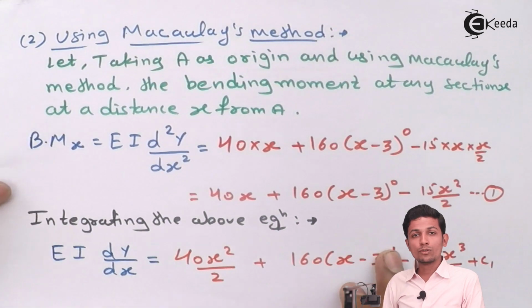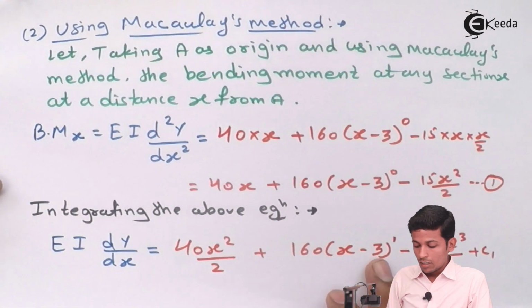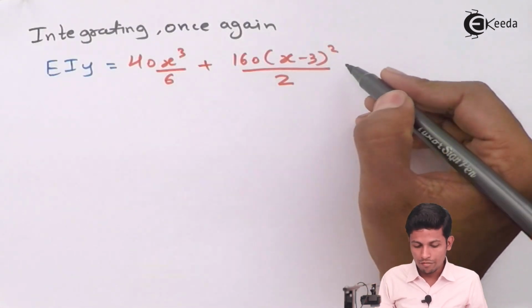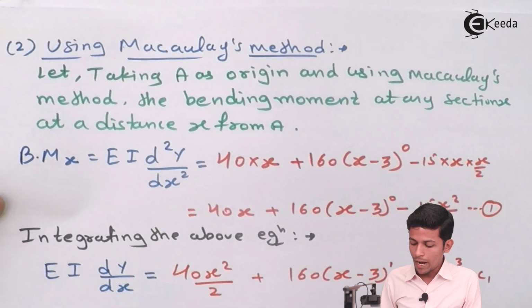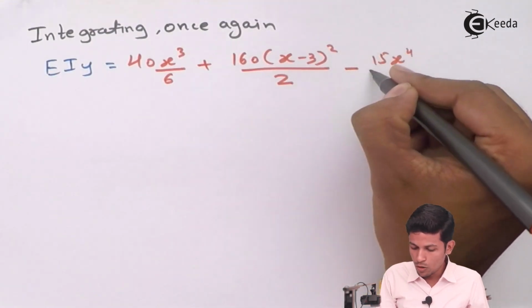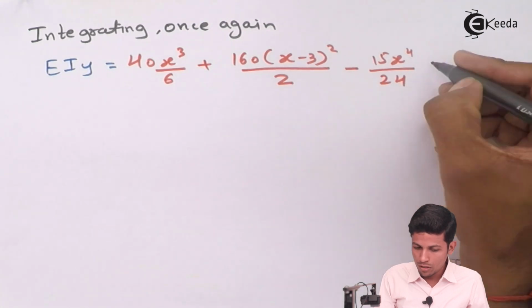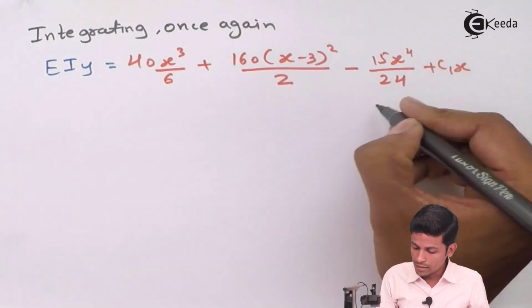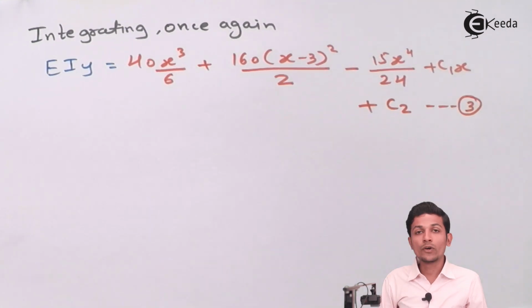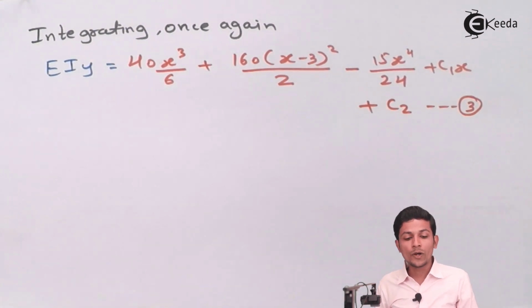See, this was power 1, so when we integrate again, it will come 2. After that, this UDL minus 15x raised to 4 upon 24 plus C1x plus C2, equation number 3. You get all the equations 1, 2 and 3.